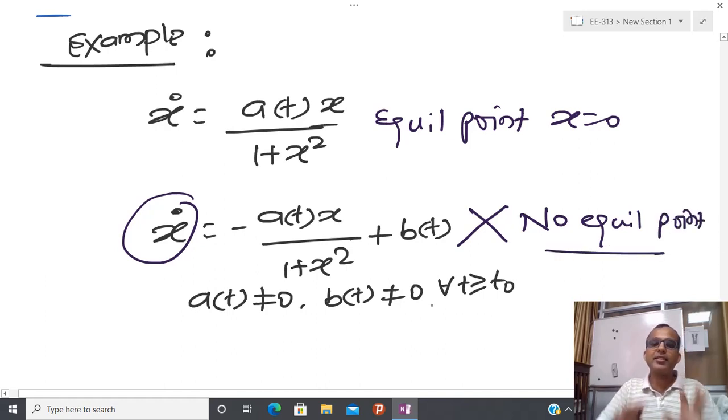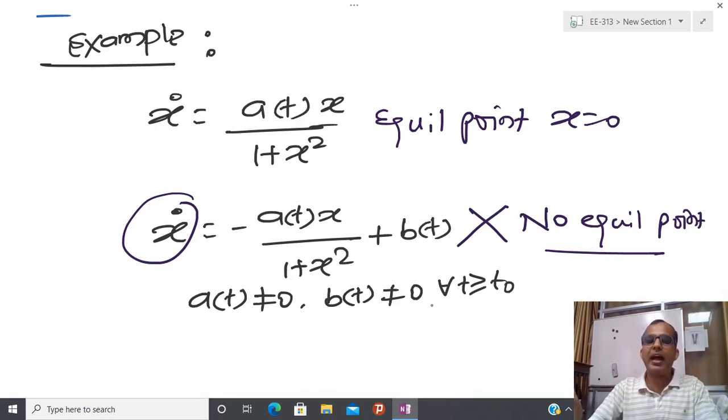So now let us come to the conclusion. What we have observed is that whenever I have some dynamical system, I am talking about a nonlinear system, then obviously I am characterizing it using input, output and state space.